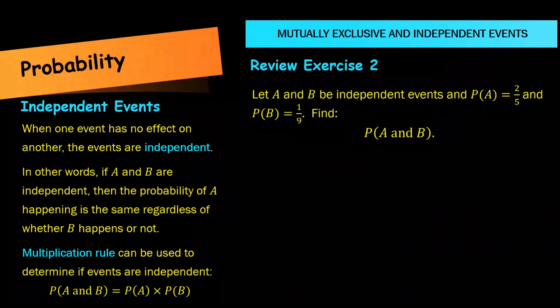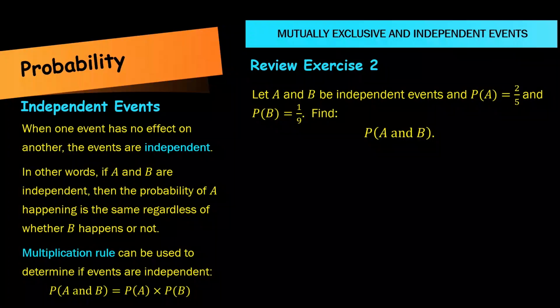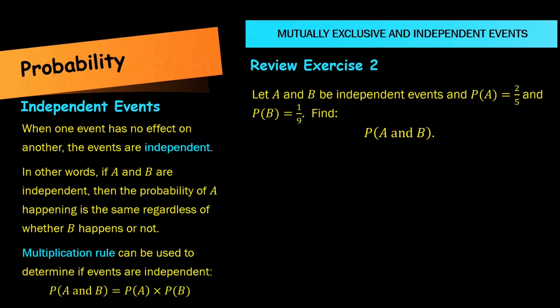Let's now take a look at the next exercise. Let A and B be independent events and probability of A equals 2/5 and probability of B equals 1/9. We are required to find probability of A and B. So let's solve this.